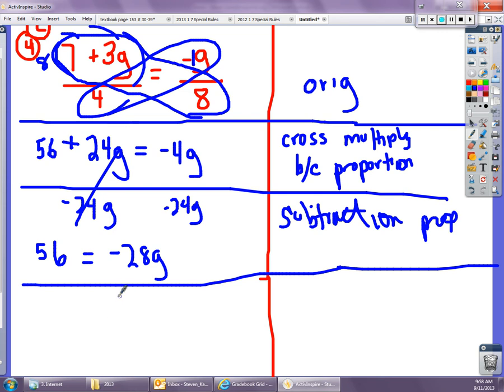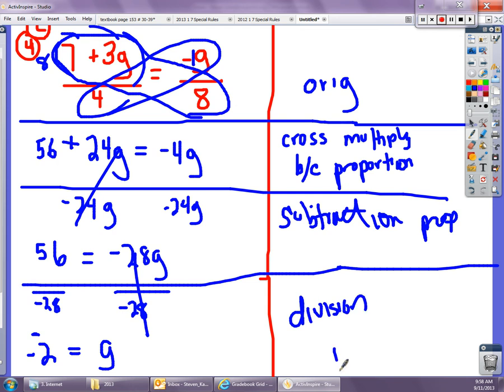Last, because I want to solve for g, I'm going to divide both sides by -28, and 56 divided by -28 is -2. Those cancel out. I'm left with g equals -2, and that is because I divided the same thing on both sides, which is the division property.